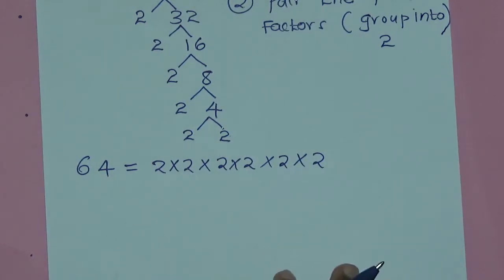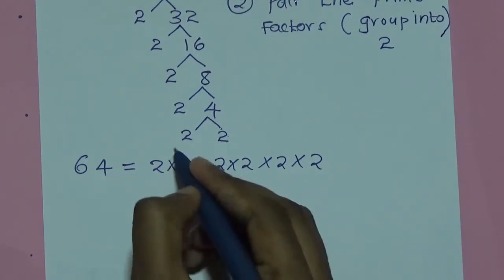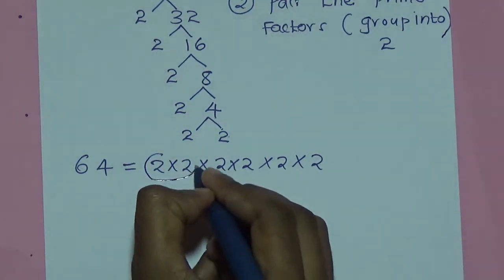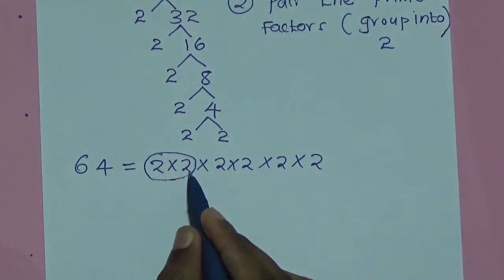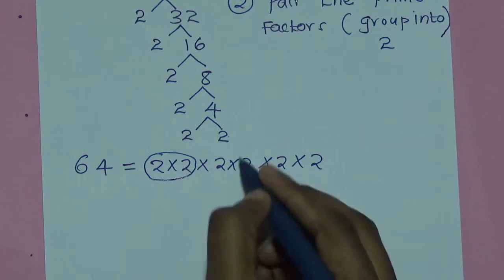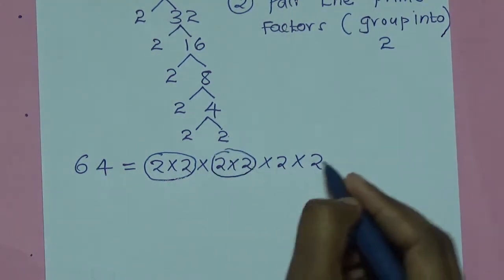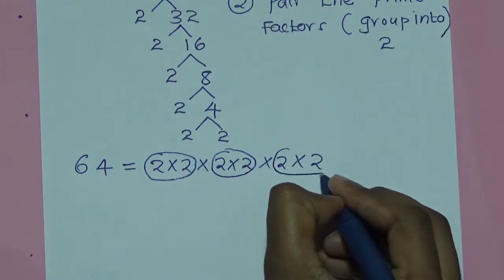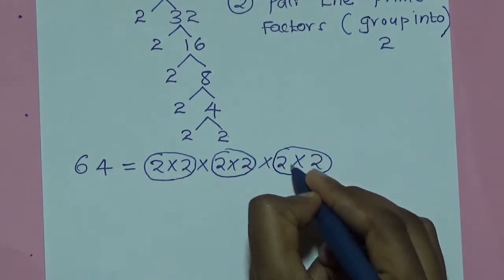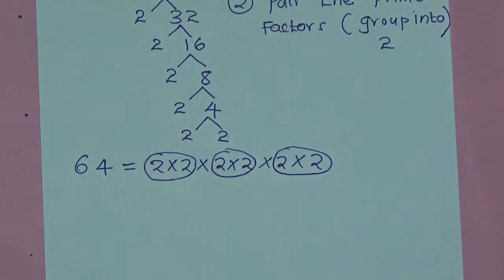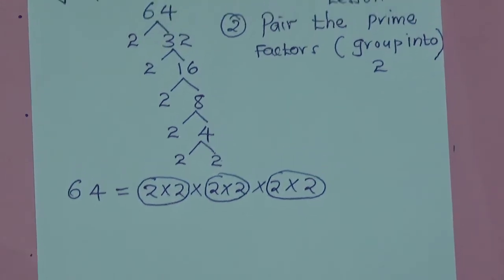The second step, we are supposed to group them into 2. So we can form one pair of 2 times 2. We can form another pair of 2 times 2, and we can form the last pair of 2 times 2. We are done with the second step.